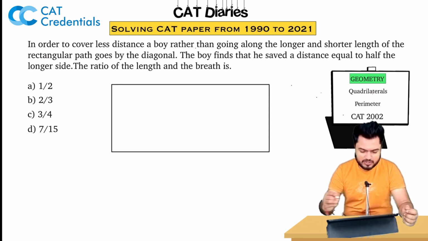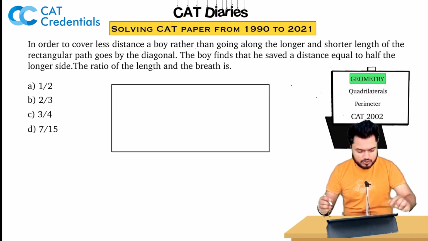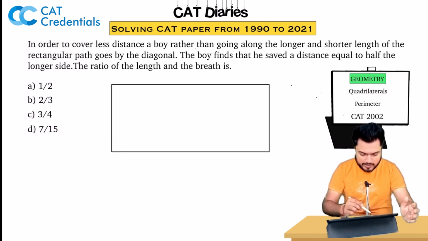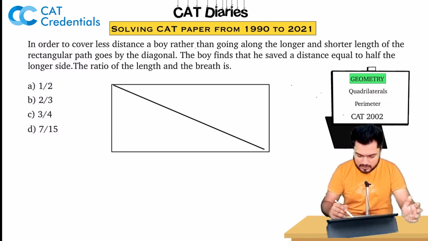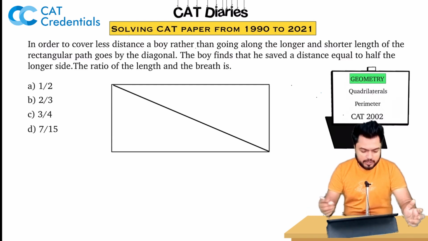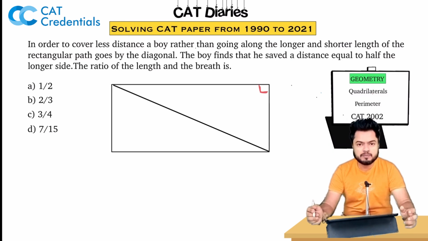Okay, so let's think about it in this way. This is the diagonal. So this is a rectangle, and let me make this to be the diagonal of this rectangle. What are the two sides? So I know a Pythagoras triplet will come here. Why? Because this angle here is 90. So if this angle here is 90, Pythagoras triplet has to come into the picture.